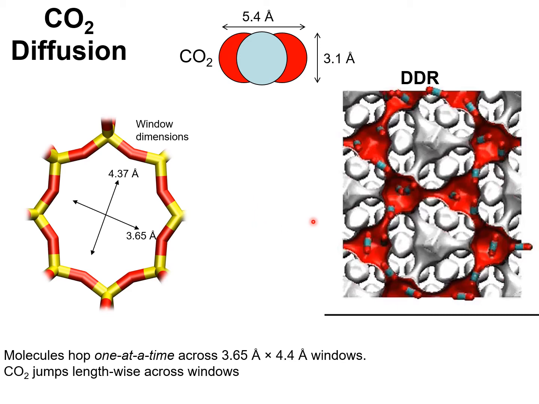So we will see animations of the intercage hopping of CO2 in DDR. Before we do that, let me say that we are going to track the trajectory of one of these CO2 molecules as it hops or attempts to hop from cage to cage. Let's start the animation.